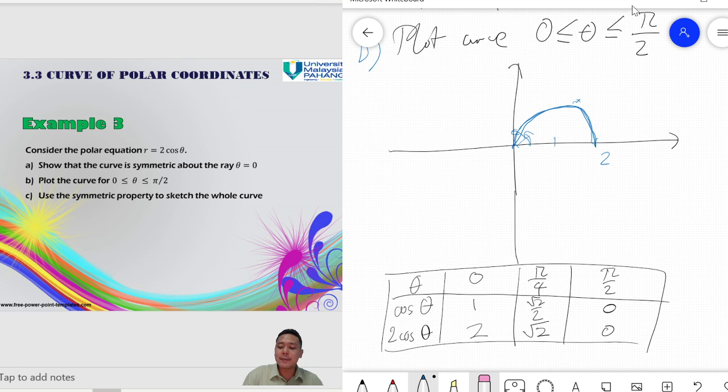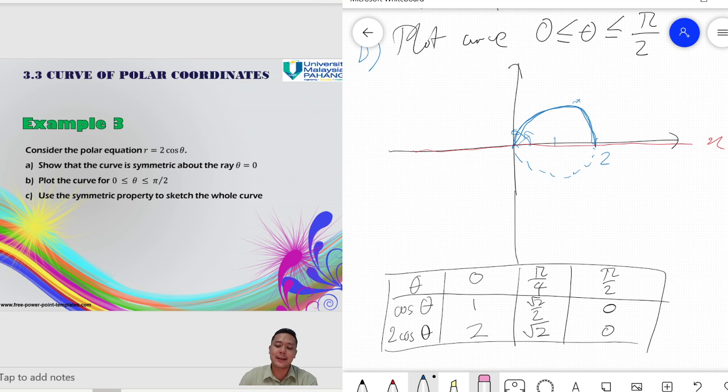Okay, use the symmetric property to sketch the whole curve. Just now this question say the ray theta is 0. So dia punya symmetrical line dekat x-axis sini. Use the symmetric property. Okay, you dah ada semicircle kat sini. You lukis dia punya mirror dia. Okay, you try to sketch if the reflection of it at the x-axis will be the complete circle there.